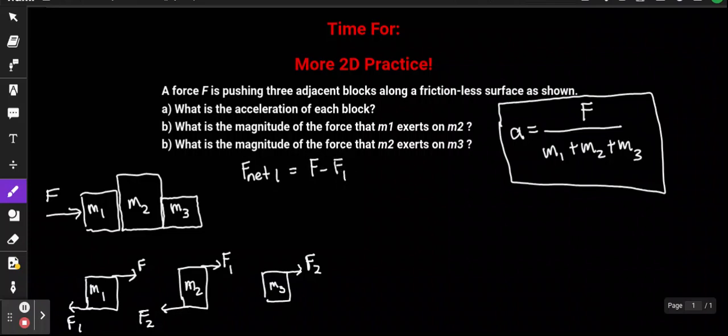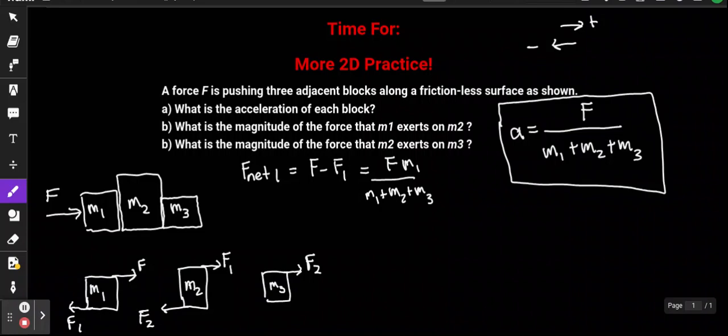And let's say that right is positive and left is negative. Okay, we know that the net force should result in ma, and our acceleration is F over m1 plus m2 plus m3. And this is our a, so times our m would be m1 because we're looking at the F net equation of our first mass.